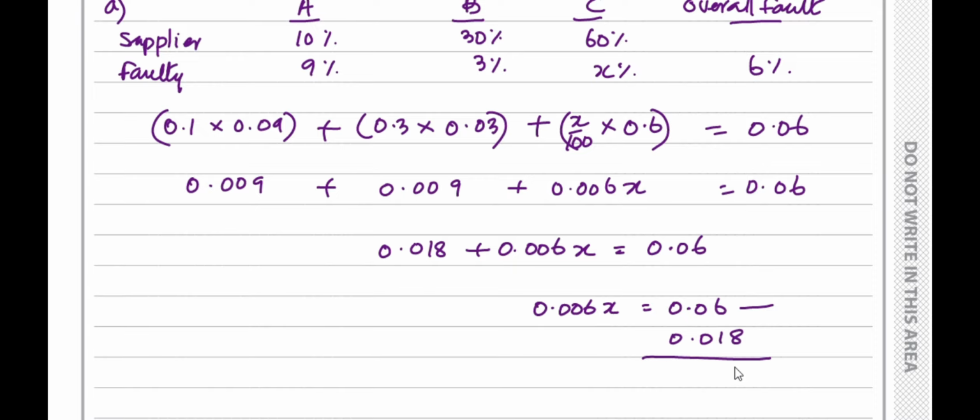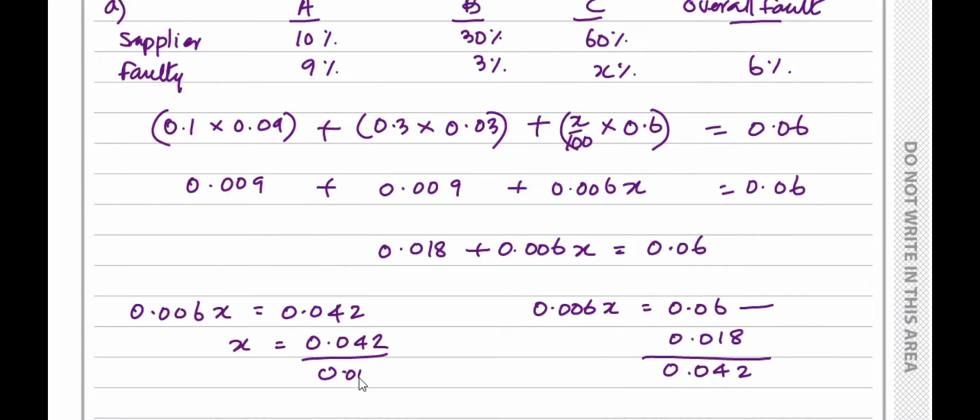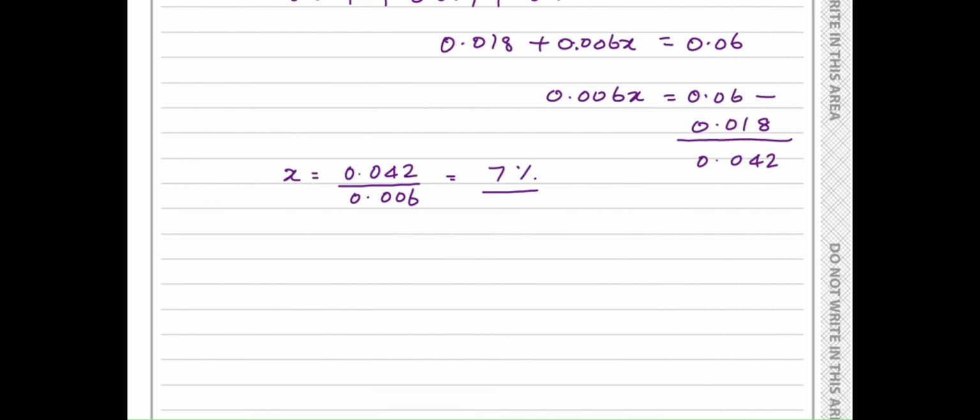That means 0.006X is equal to 0.042, which leads us to 0.042 divided by 0.006, which is equal to 7. That means X is 7%.